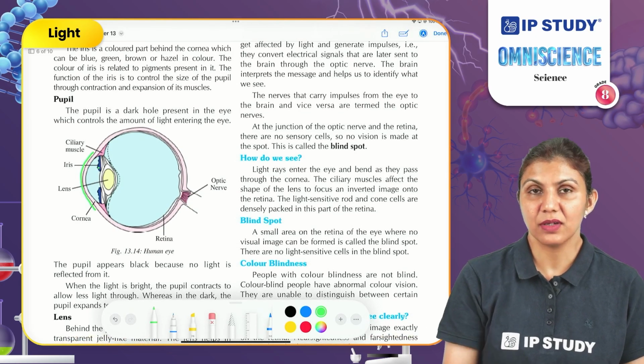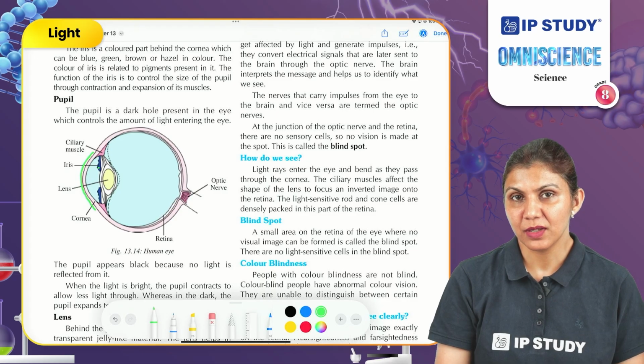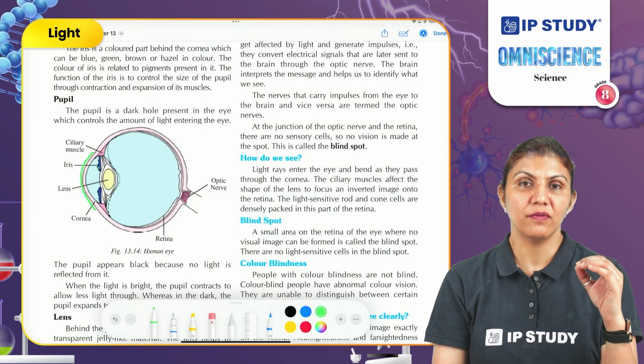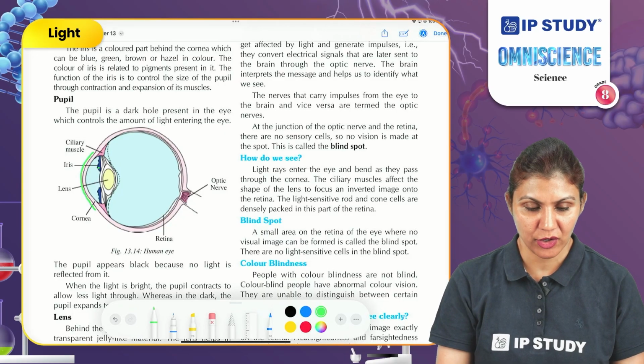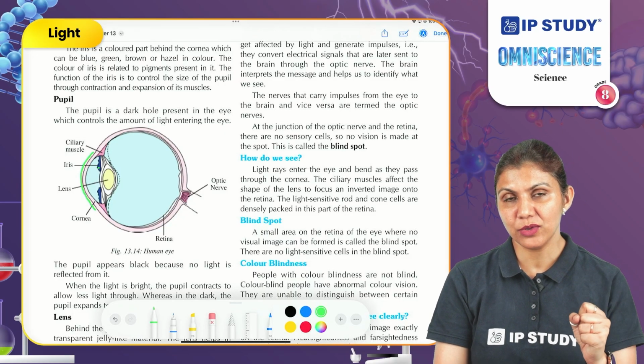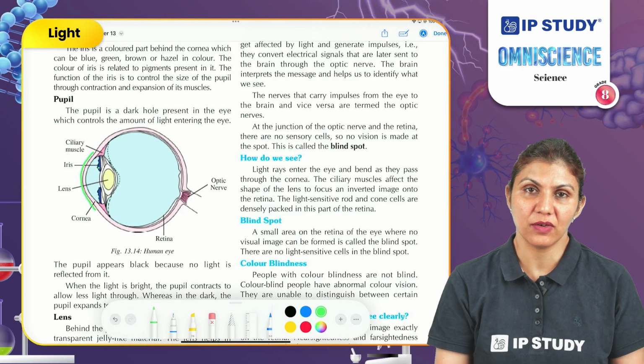Next is the pupil. What is the pupil? The pupil is the actual path which allows light to enter into your eye. It's a dark hole which is reduced or expanded depending on the intensity of the light in your surroundings.